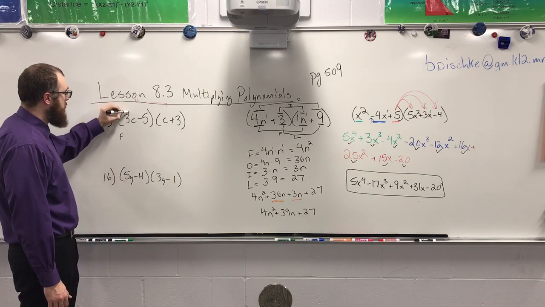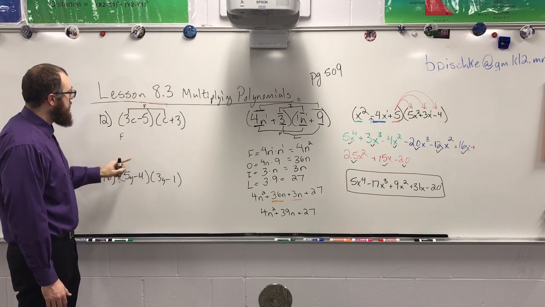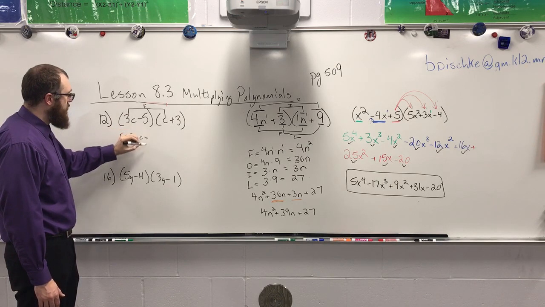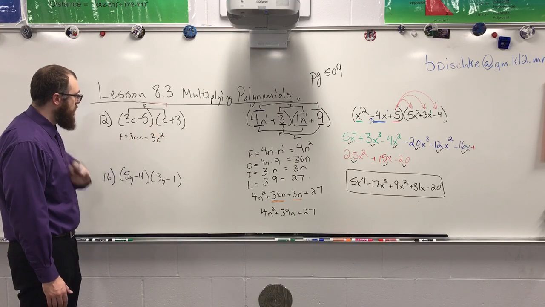My firsts give me 3c times c, which is 3 times 1 is 3, c times c is c squared.